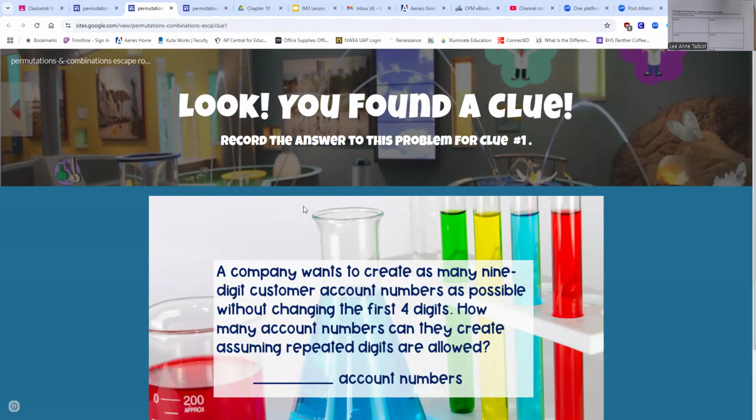The company wants to create as many 9-digit customer account numbers as possible without changing the first 4 digits. How many account numbers can they create, assuming repeated digits are allowed? We're going to do this one together so you can see how the Google form works. So find your sheet, find box number 1.